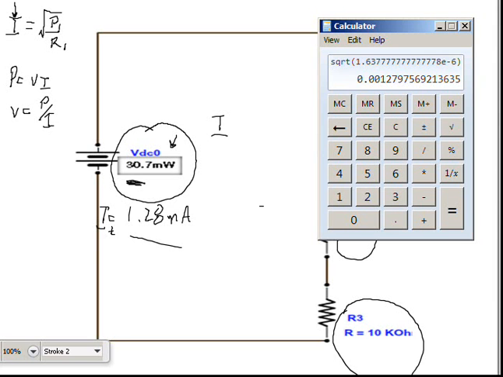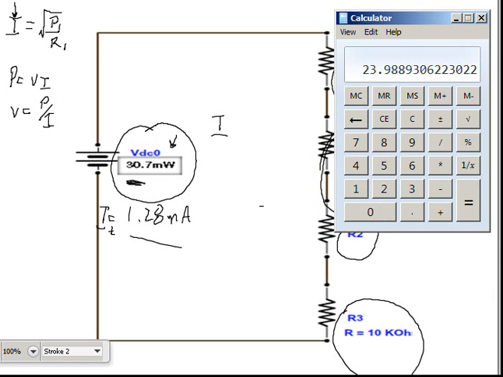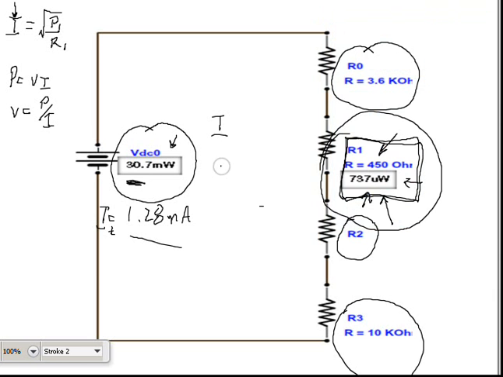We'll take our current, invert it, and multiply it times power. .0307. There we go. Equals 23.9889. I'm going to call that 24 volts. So voltage equals 24 volts.